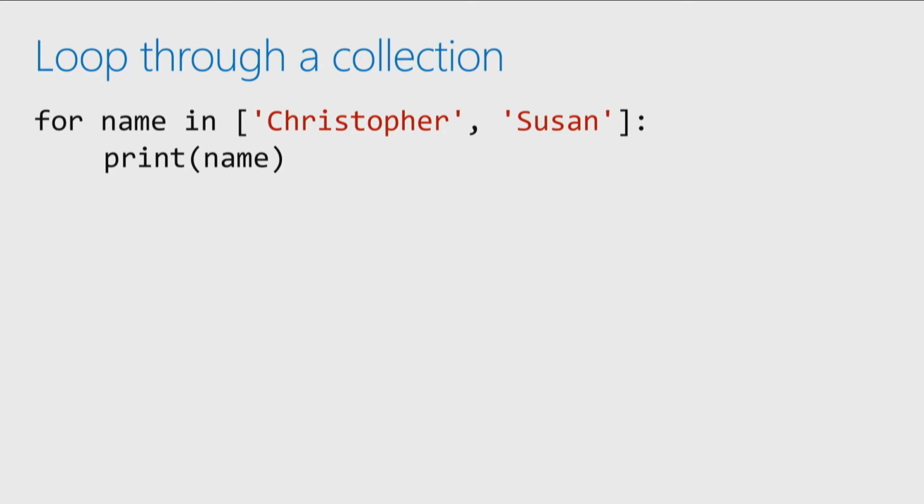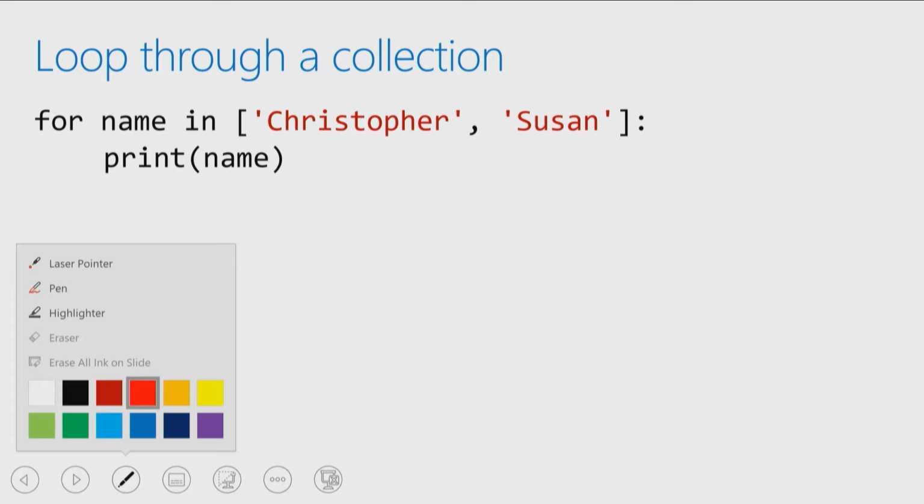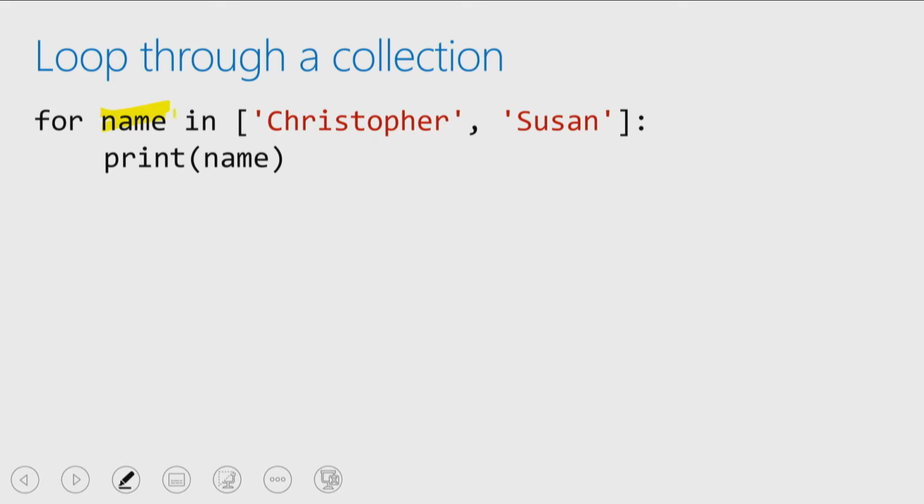So there's the syntax. What we're going to do is we're going to say for and then some variable right here. So we'll say name in and then our list. Now what will automatically happen behind the scenes is the first time through, name will be Christopher. And then the second time through, name will be Susan.